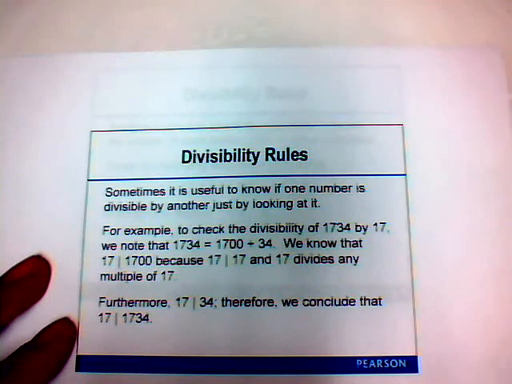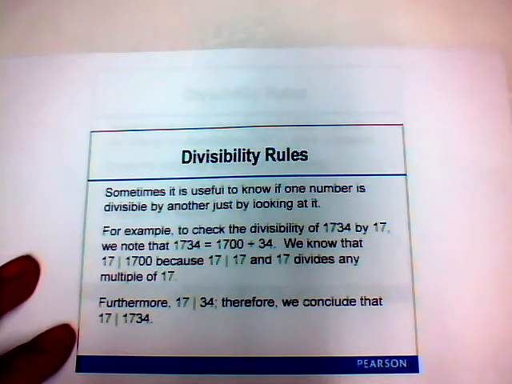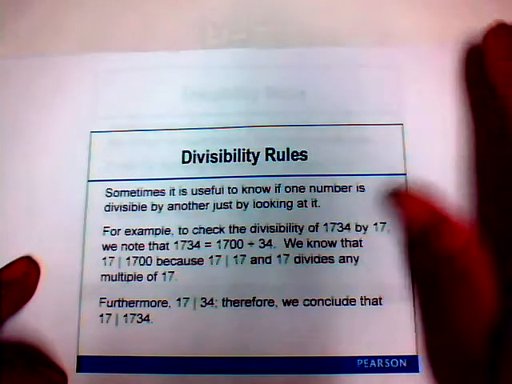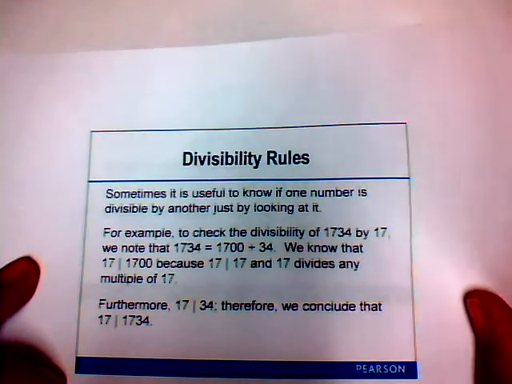We know that 17 divides 1700 because 17 divides 17, and of course, 17 will divide any multiple of 17. And furthermore, 17 does divide 34. Therefore, we can conclude that 17 divides 1734.